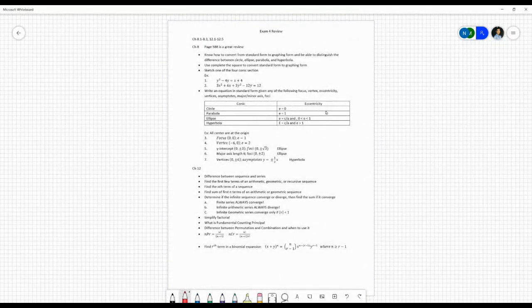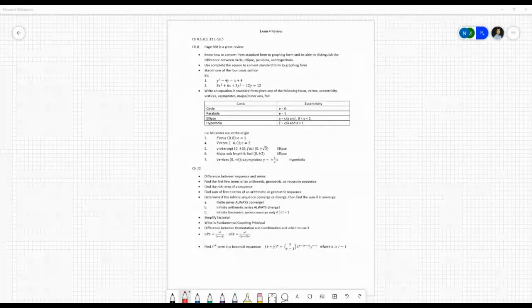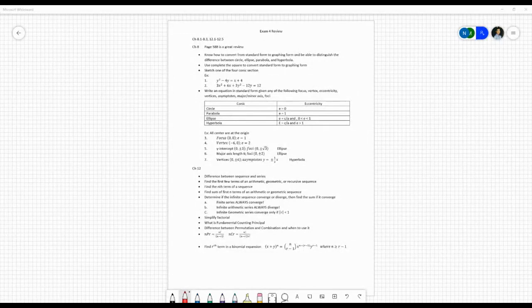Okay, writing equations of conic sections, where I will give you a piece of information, whether it would be like a vertex or a foci or A value, B value, whatever. So I'm going to give you a piece of information and you need to be able to write the equation of that conic section. Okay. So let's see. I'm going to look at the test right now. It's 36 questions on the exam. I had to give a little bit more because I have to add 8.4 and 8.5 in there.